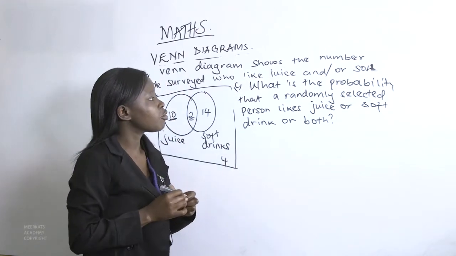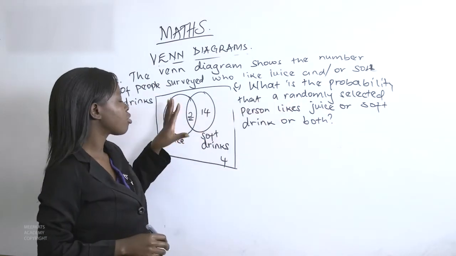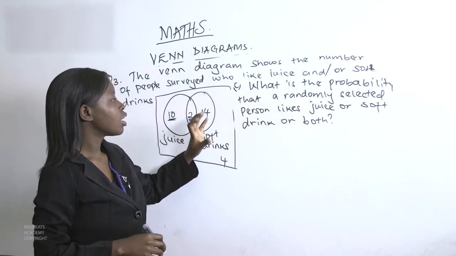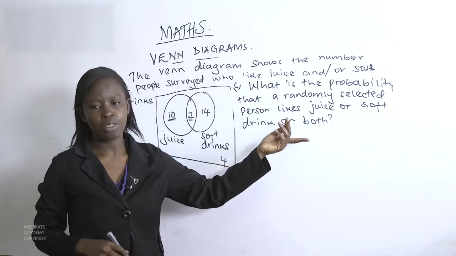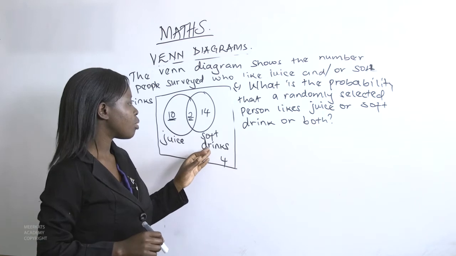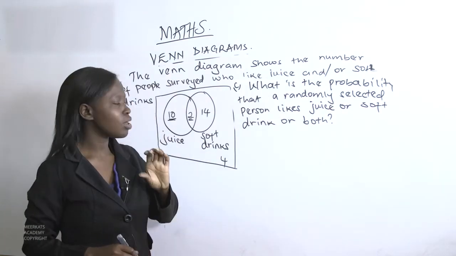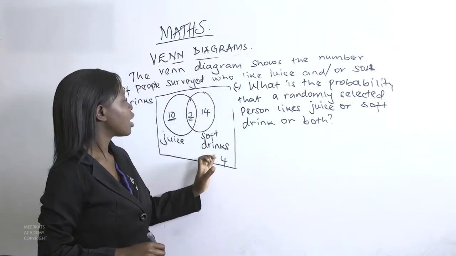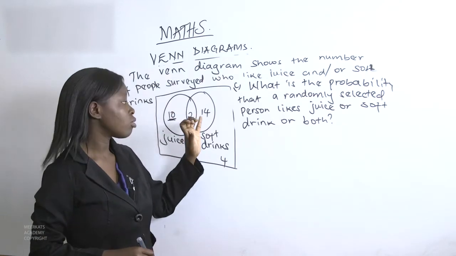So we have to get the probability that a person selected randomly from this group of individuals likes juice or soft drinks or both of them. So what does it mean? It means that we are getting the probability that the person likes juice, the probability that the person likes soft drinks, and at the same time you have those who like both juice and soft drinks.